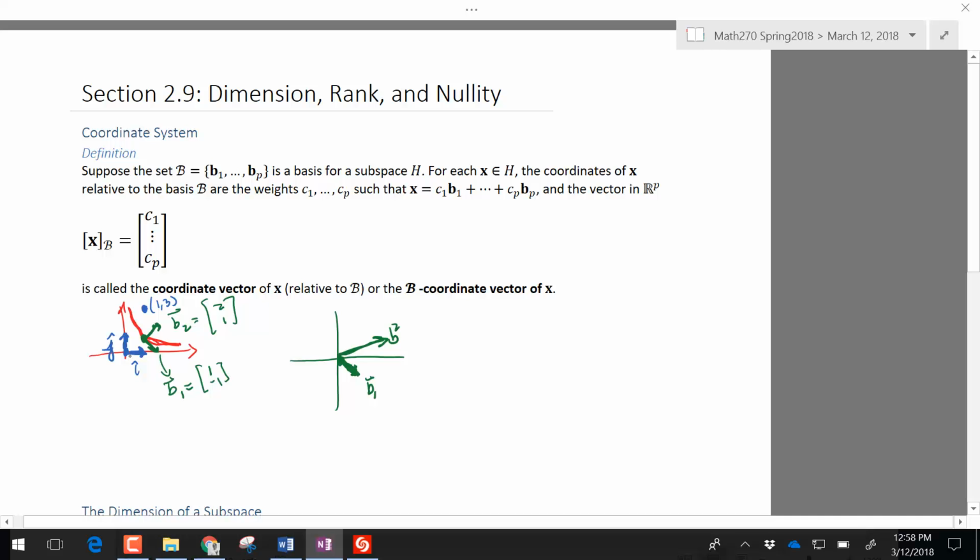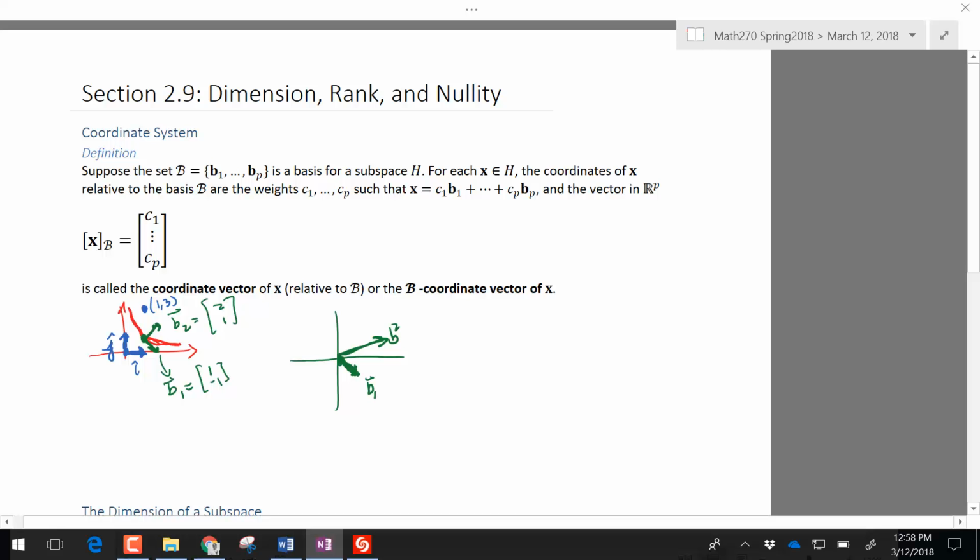You can think about it as a point or as a vector, but you want to express 1, 3 as a linear combination of these two vectors. That's going to be the key: when you're in your spaceship, you want to use your basis vectors to go around and scan the area.